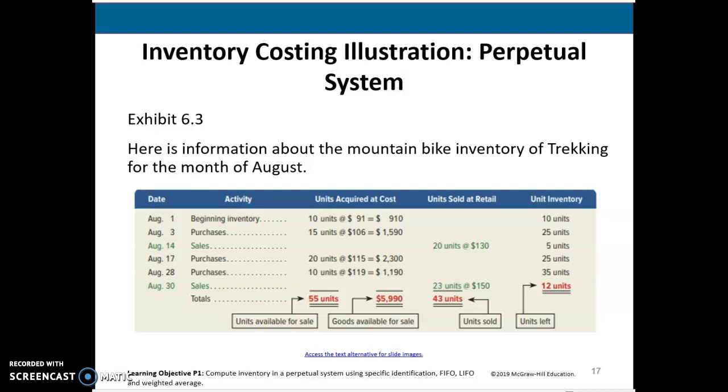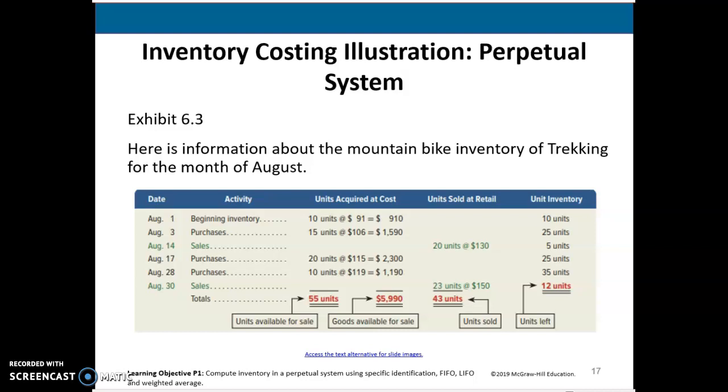One thing to remember for this chapter is the sales amounts that are listed here, where it says 20 at 130. That is only to calculate the amount of sales. That has nothing to do with the cost of our inventory. Remember, sales and cost of inventory are two different parts of the accounting entries when we do them. Sales is only related to what we're selling to our customers for.